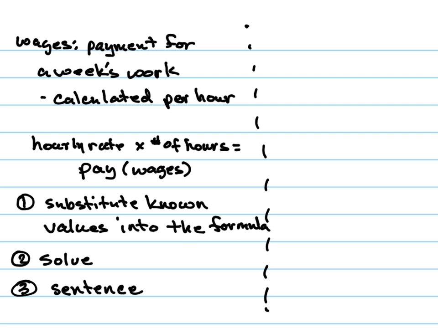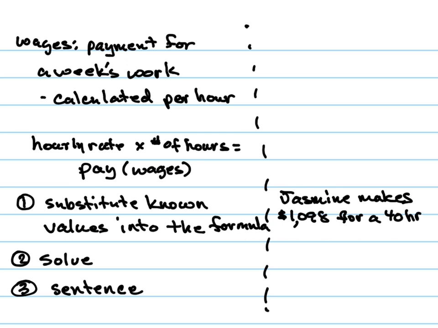So, for example, say we have Jasmine is paid at a rate of $1,098 for a 40-hour week. So Jasmine makes $1,098, don't forget your units, for a 40-hour week.